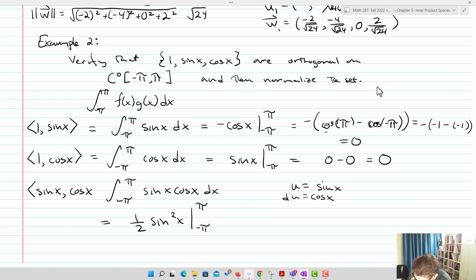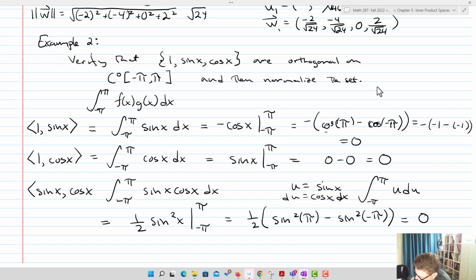Just using a u substitution, you can go in and see that's the case. We end up with the integral from negative pi to pi of u du. And so this ends up giving me 1/2, sine squared pi minus sine squared negative pi, and that, in fact, just equals 0.